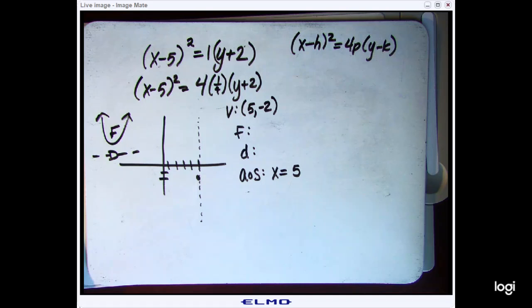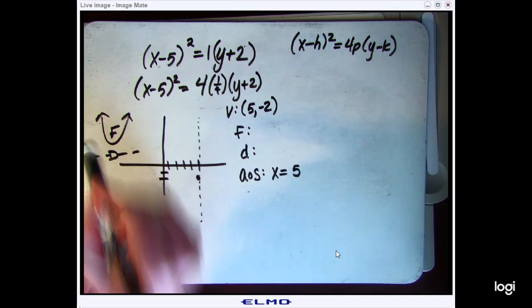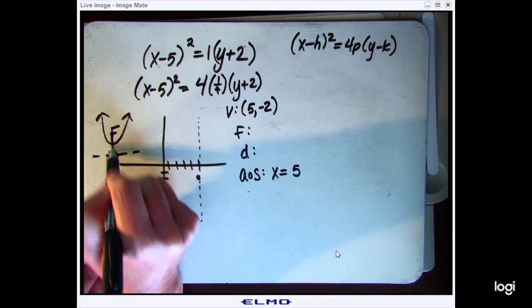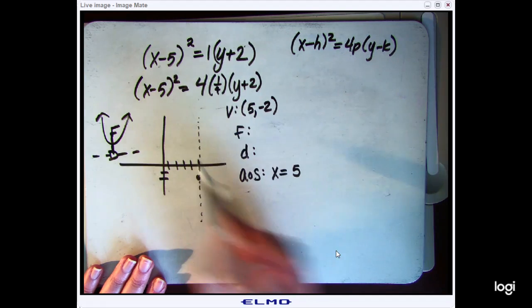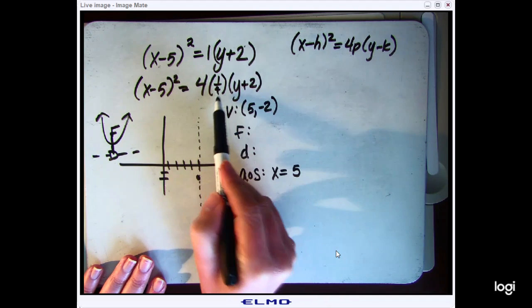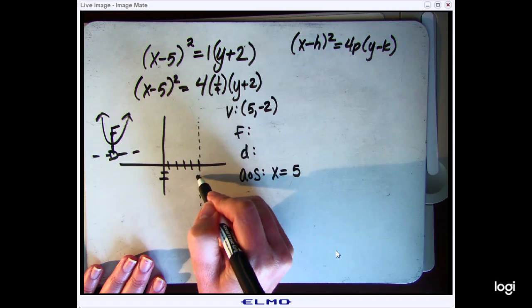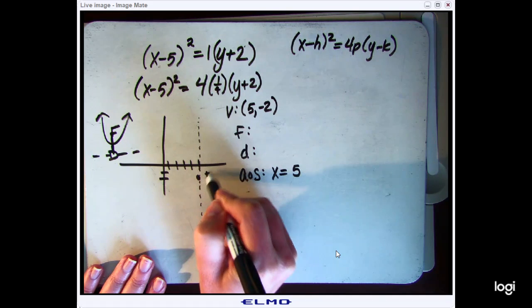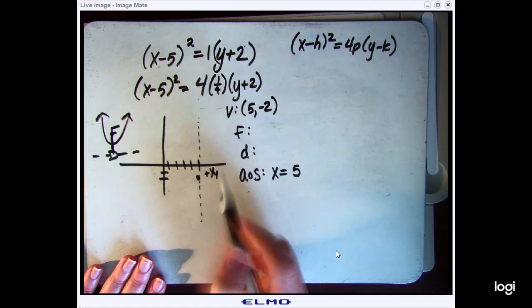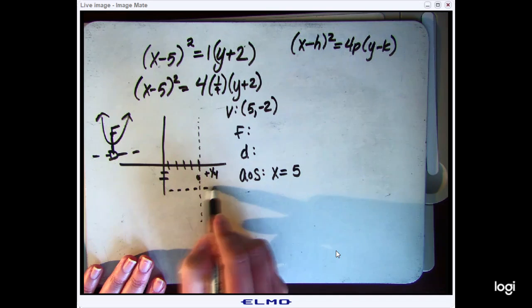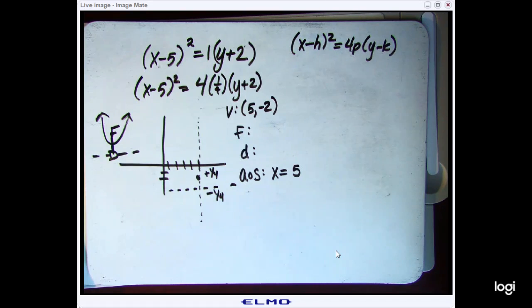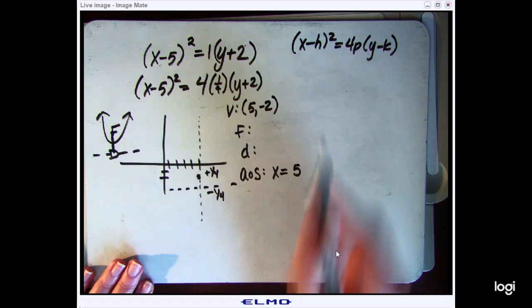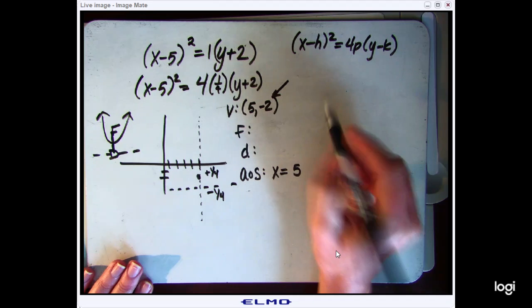Computer glitched a second. We can get back. There it is. All right. So this distance is equal to this distance, right? So it told me I have a distance of 1/4. So from this point, I need to go up 1/4 to find my focus. And to find my directrix, I need to go down 1/4. Up and down refers to our y value.